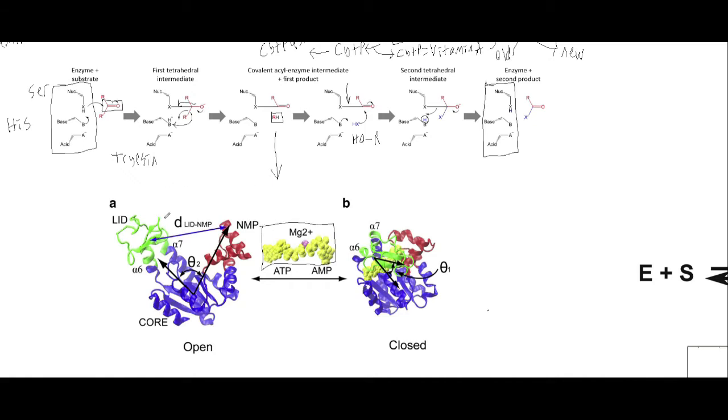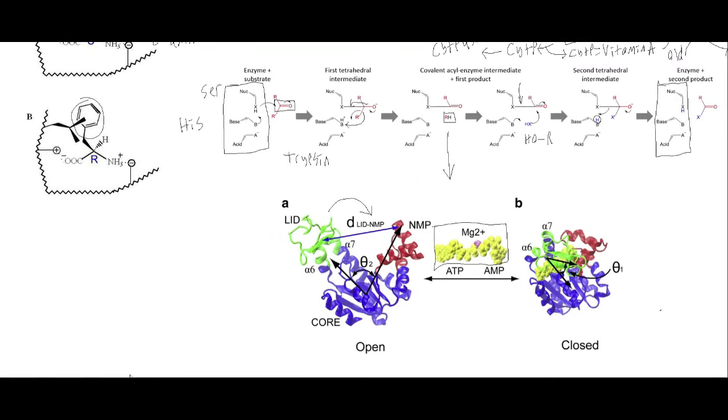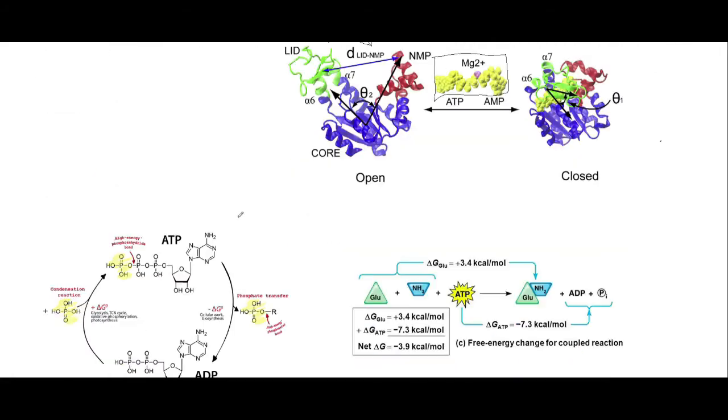And so you see what they're calling the lid sort of folds over and closes up on top of the substrate when it goes into the enzyme. And so that's fairly common for these large conformational changes to occur when the substrate binds to the enzyme.